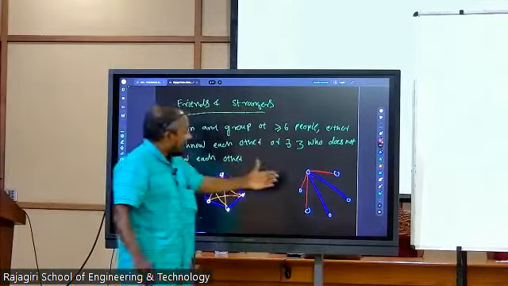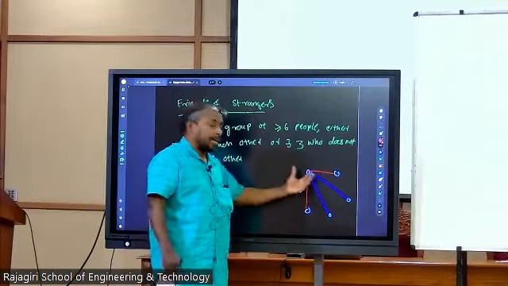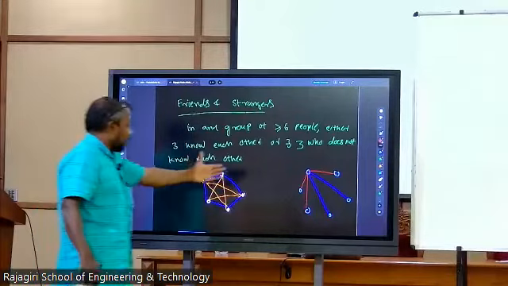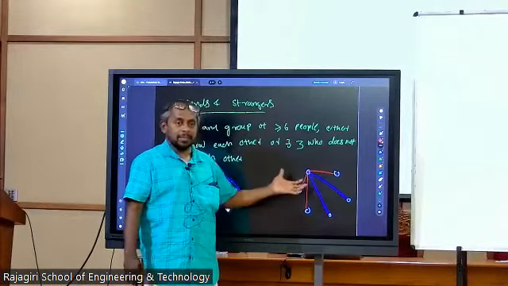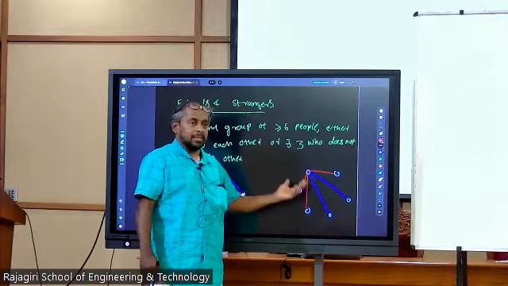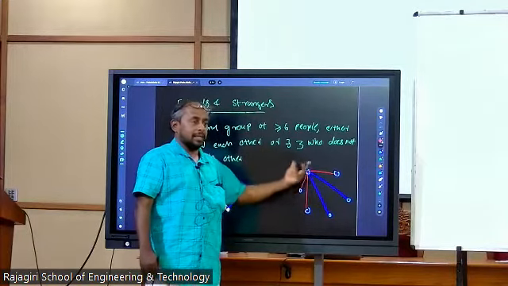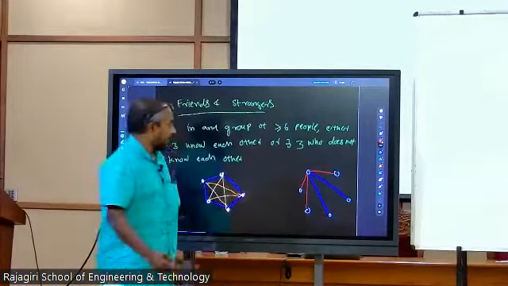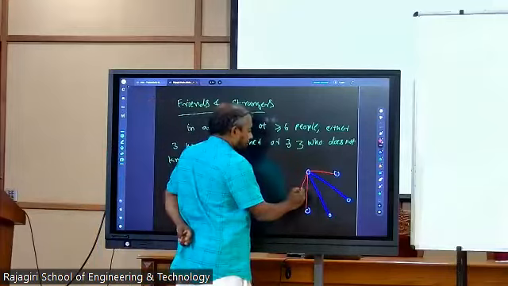So at least one of them must be of cardinality 3, right? Because totally there are 5. So by the pigeonhole principle, we are going to just give 2 colors. One of the colors must have at least 3 elements. So once we find 3, then what do we do?